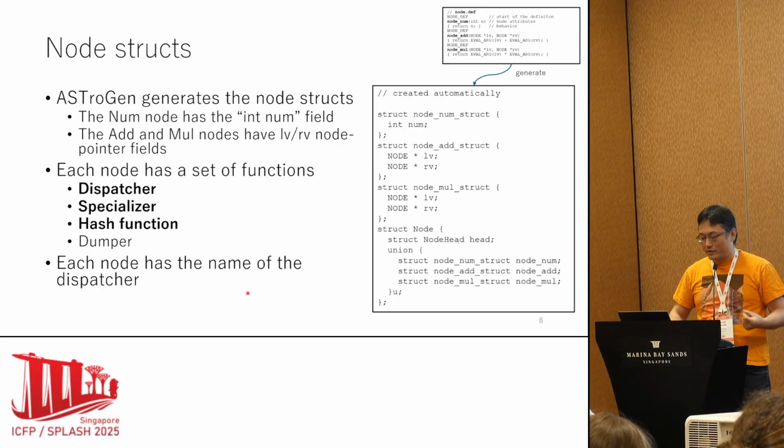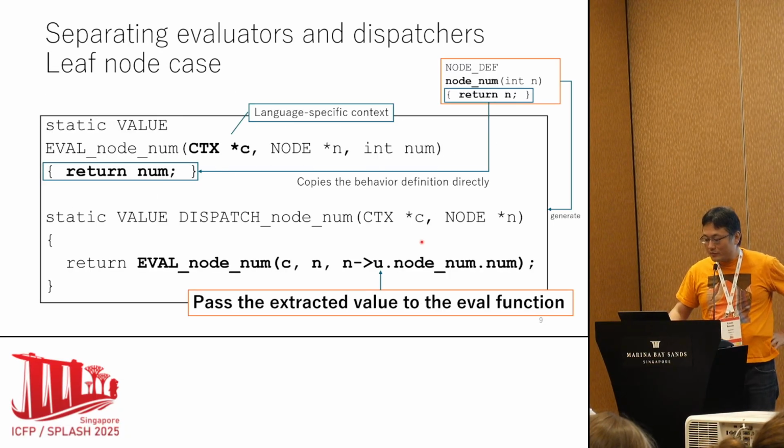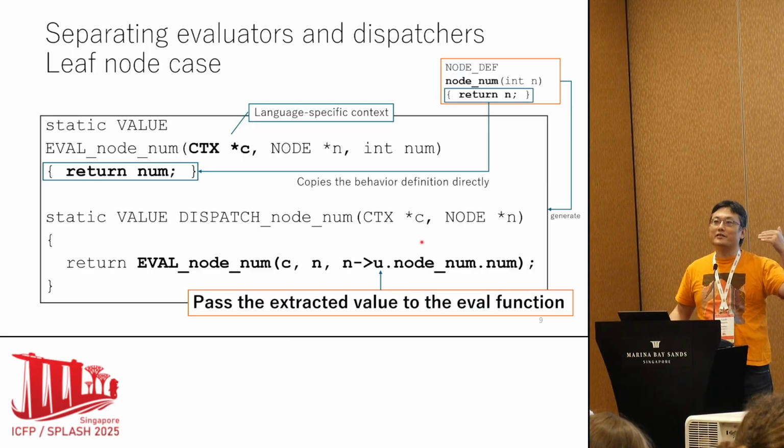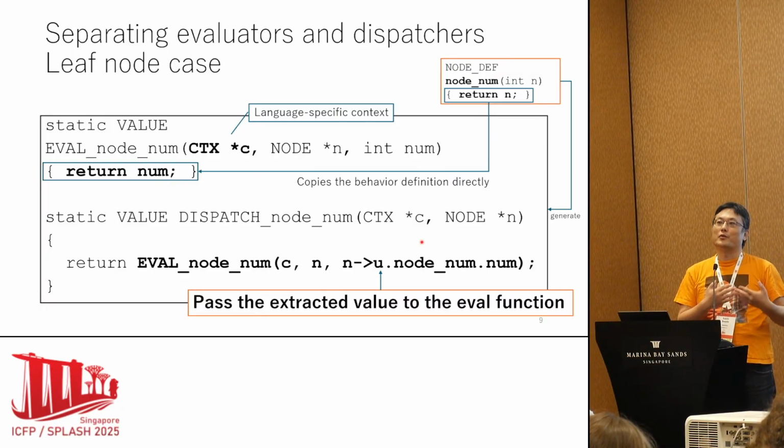And each node has the name of the dispatcher. So you don't need to write this kind of boring definition of the structures. And after that, ASTrogen generates the evaluator as a tree walking interpreter.